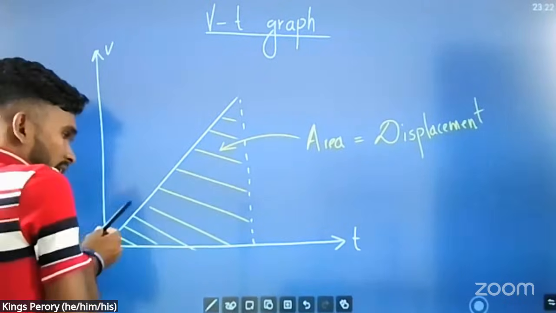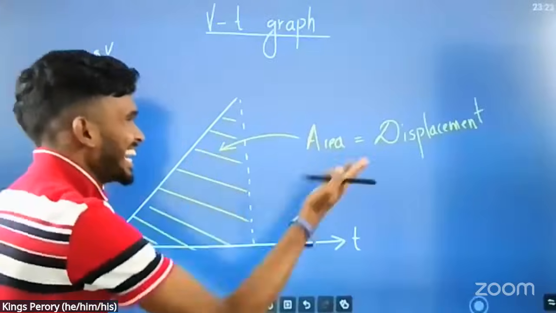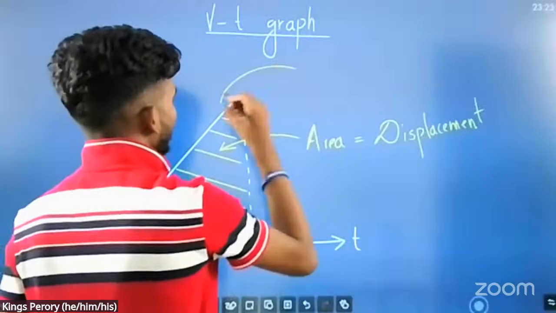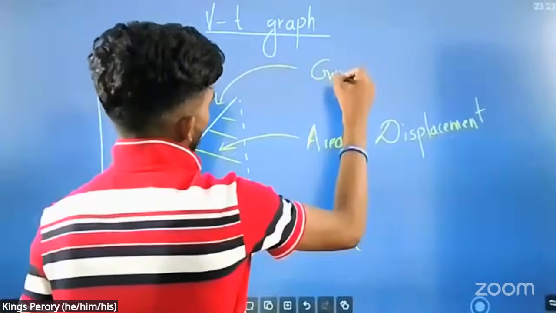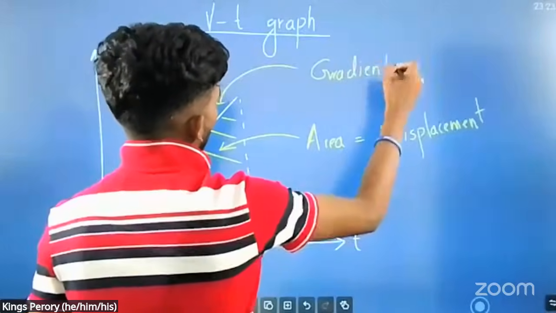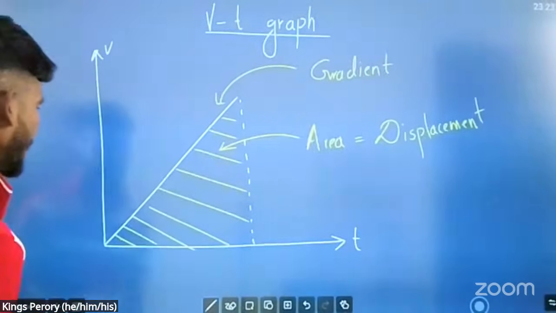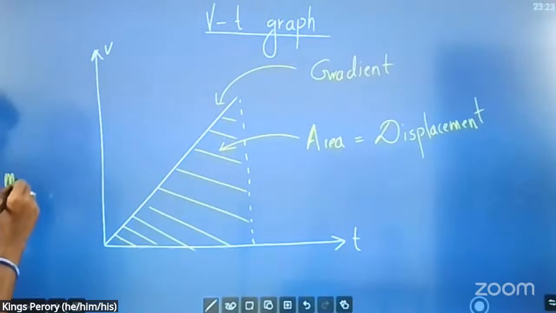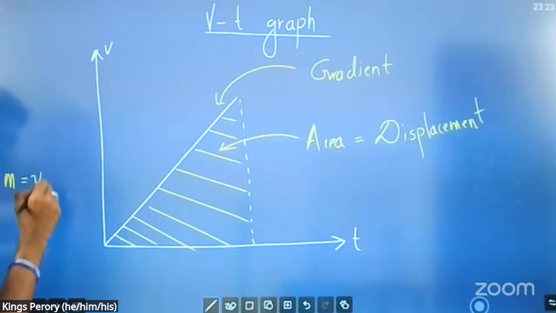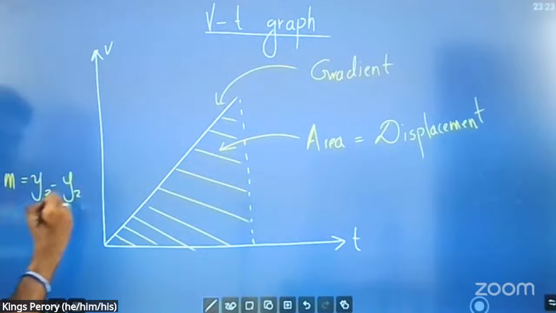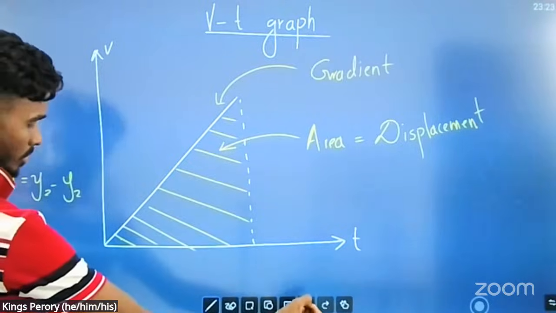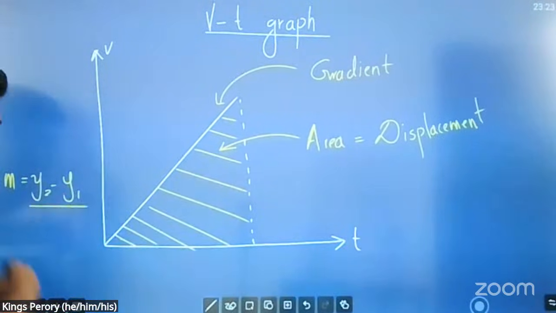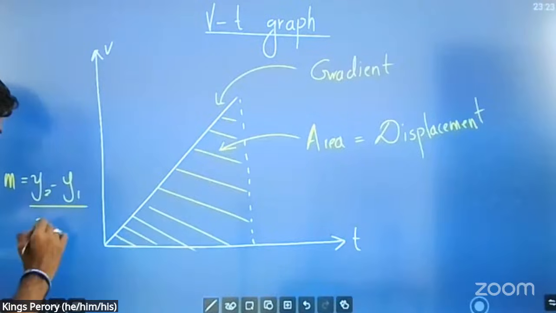And a graph will have a gradient. What is gradient? Mathematically, gradient is equal to change in the y-axis, y2 minus y1, divided by change in the x-axis, x2 minus x1.